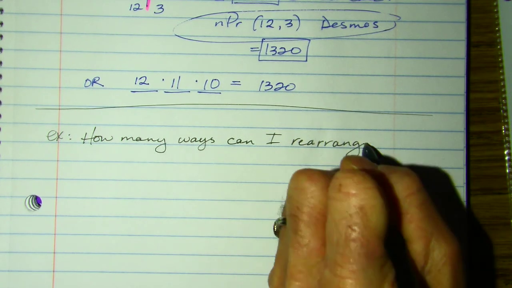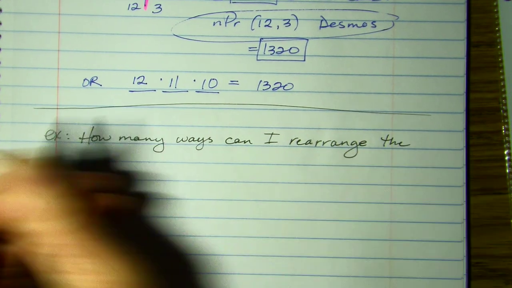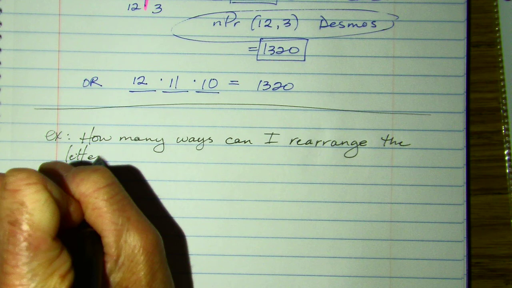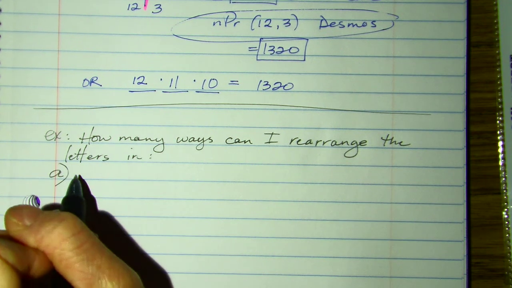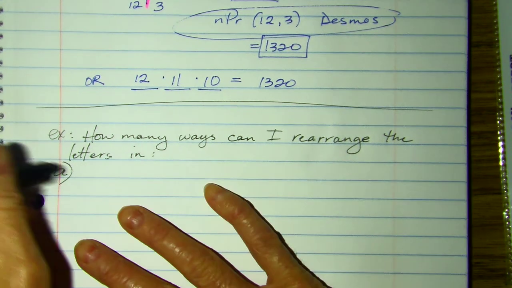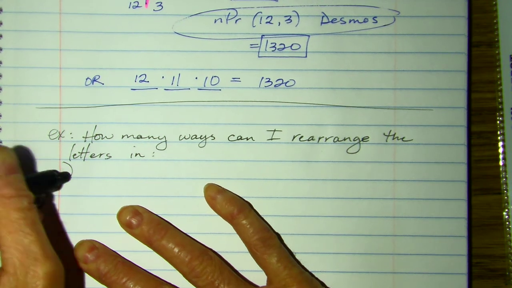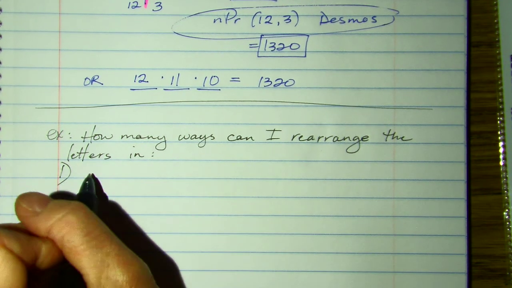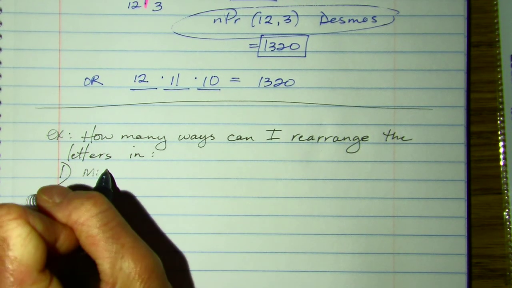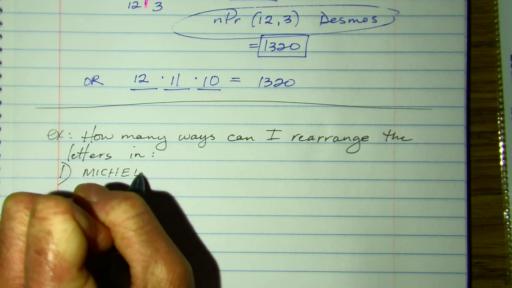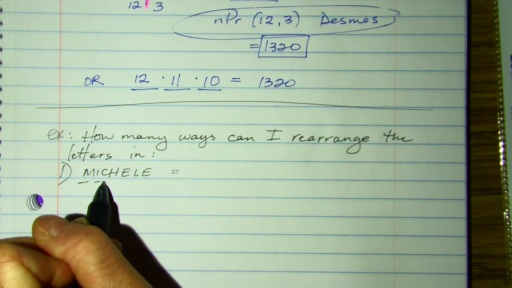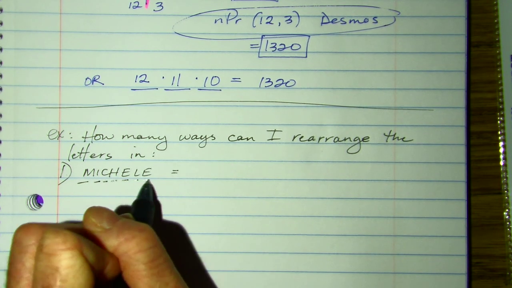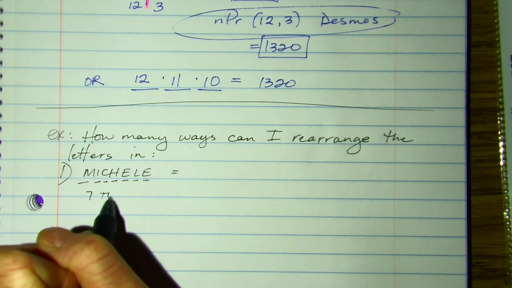How many ways can I rearrange the letters in the following? And I shouldn't do letters because lesson practice has letters. In Michelle. That's my first name. There are 1, 2, 3, 4, 5, 6, 7. There are 7 total letters.